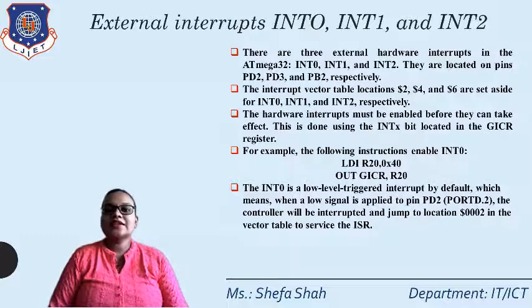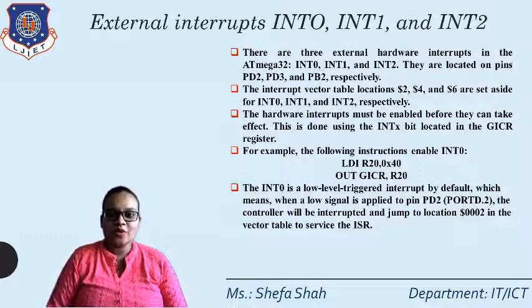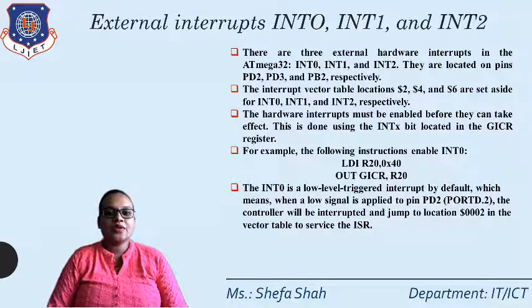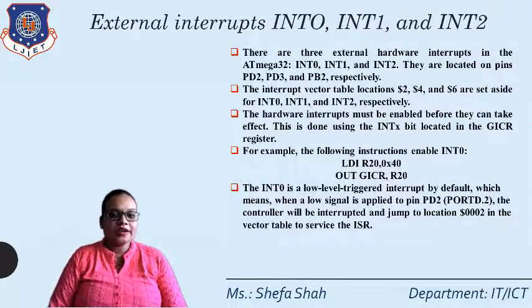Now, the INT0, INT1 and INT2 bits are located in the GICR register, that is the general interrupt control register, where the particular bit has to be set to 1 so that the interrupt of that bit is enabled.